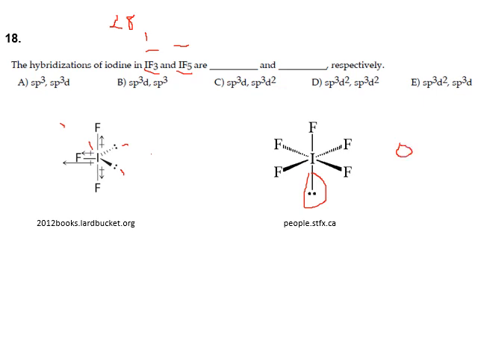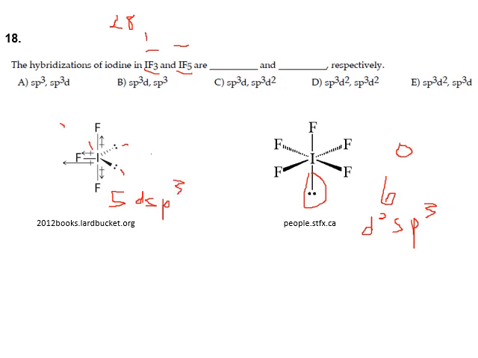So the hybridization here, you want 6 charge clouds. So to get that, you have to have d2sp3 for this one. And for this one, to get 5 charge clouds, we have to have dsp3, d1, s1, p3. 1 plus 1 plus 3 is 5.